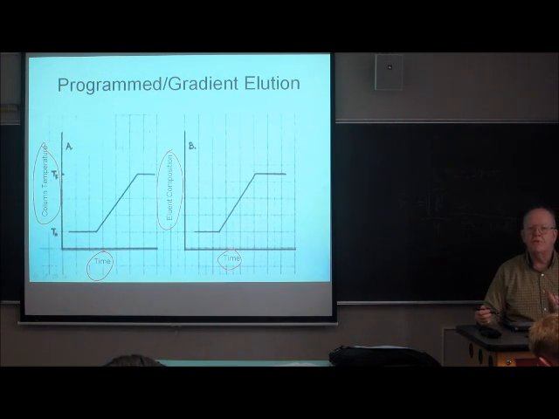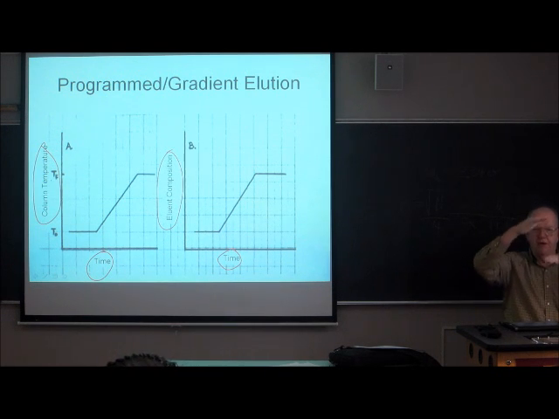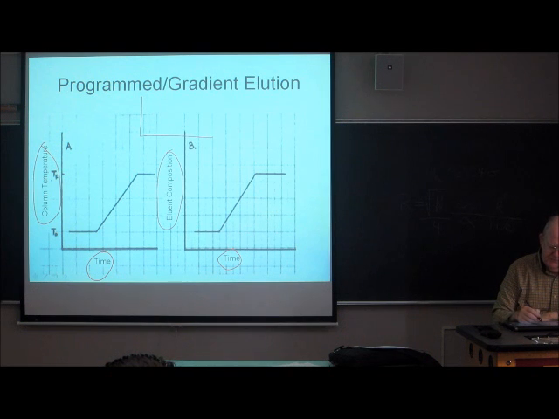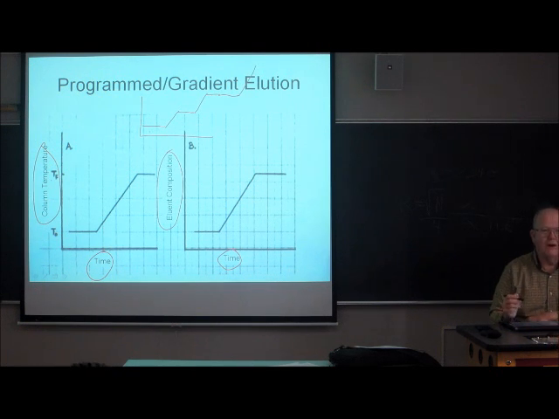I chose simple one-step linear gradients, but a decent GC and a decent LC will give you ways of making very complicated gradients. They might go up very rapidly, then have a long hold, and then go up even more rapidly.